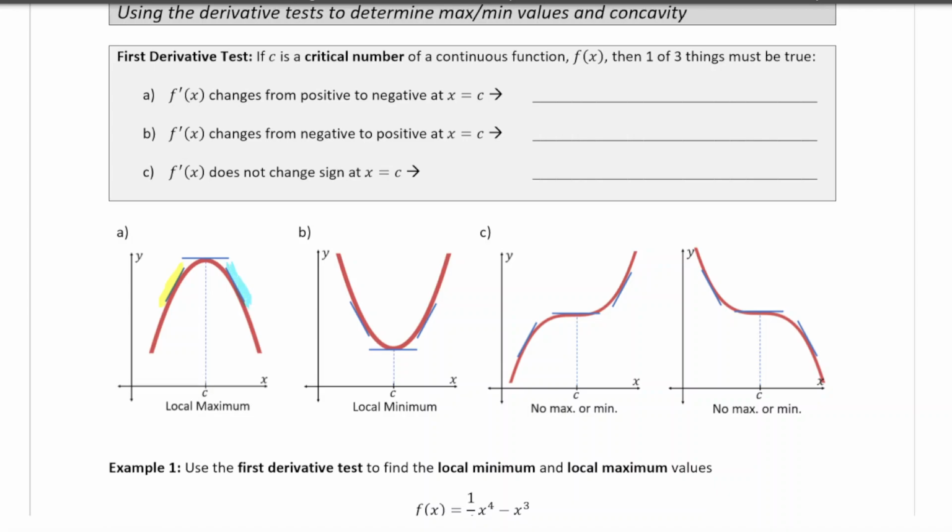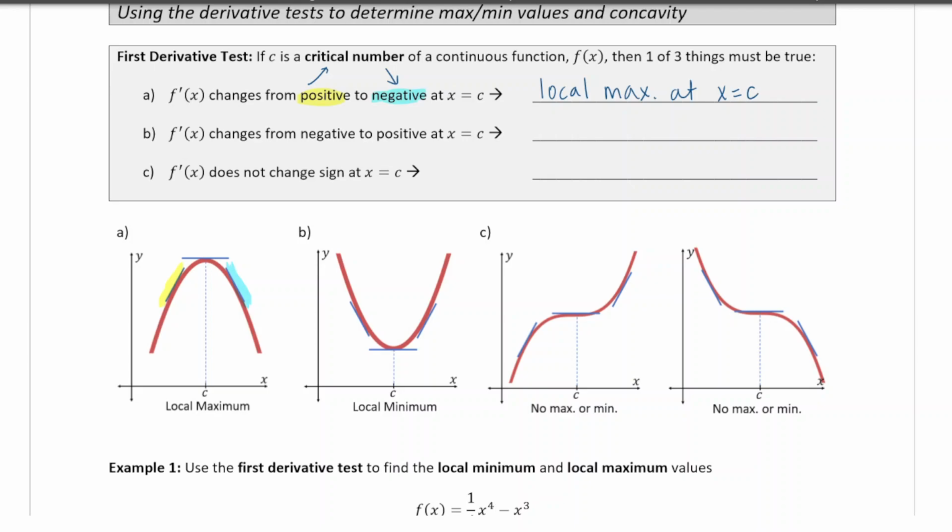As the graph changes from having a positive slope to a negative slope, as we look at it from left to right, as you would read it, that means that the graph must be going up and then going down. That means it must have a local maximum at that point. So even if we couldn't see the graph, but we knew that it changed from having a positive slope to a negative slope, then we know that there is a local maximum at x equals c.